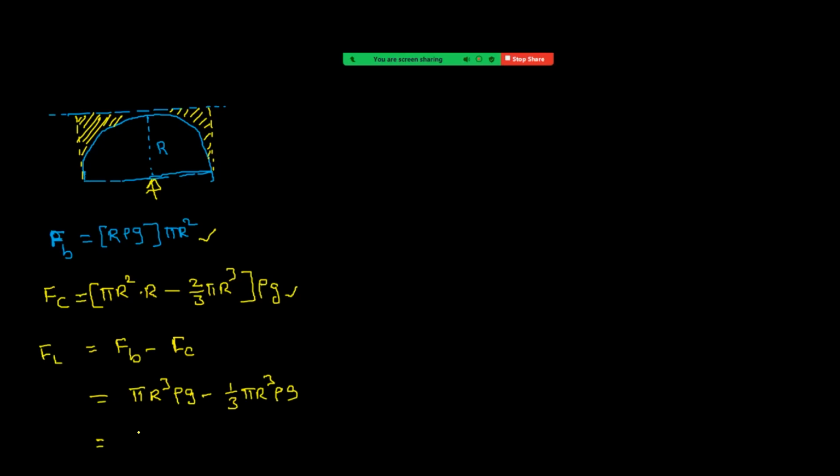So the net force acting by the liquid on the hemisphere is equal to 2 by 3 pi r cube into rho g. That is the answer. So it is a very simple and direct question. Let us see the next one.